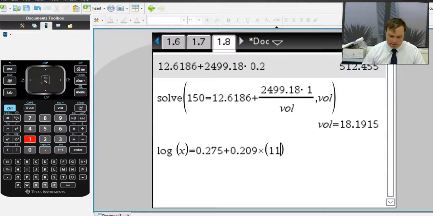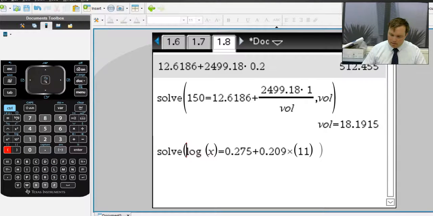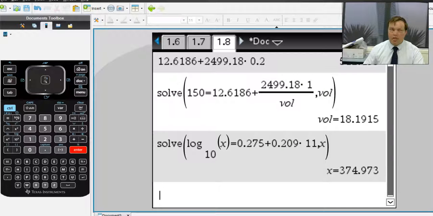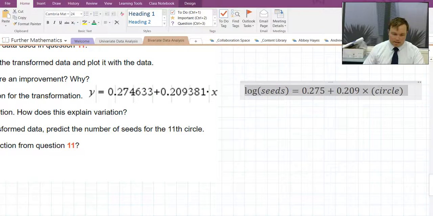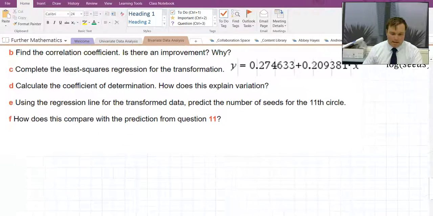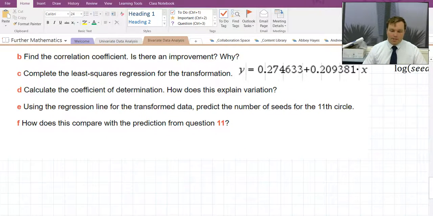Given the 11th circle, we're going to say solve, comma, x. So we're asking for the 11th circle, we replace it with 11. X is what we want to know, and we're going to find it by doing that. 374. Now, 374 is a much, much better prediction than the one we made from the previous question.